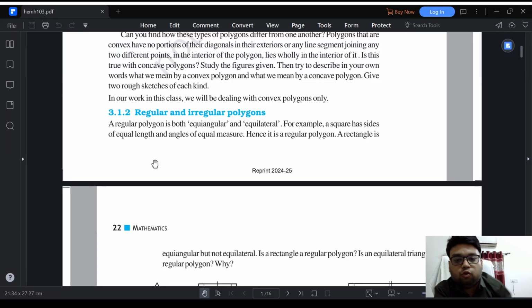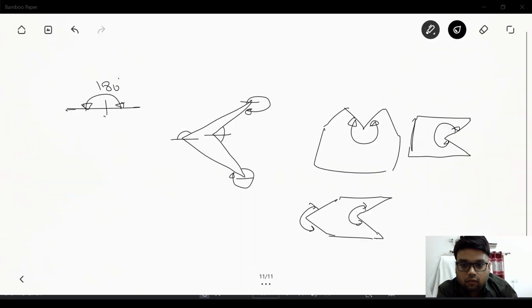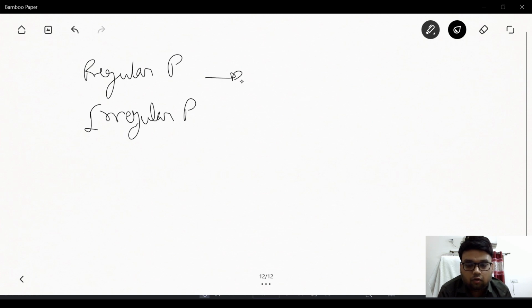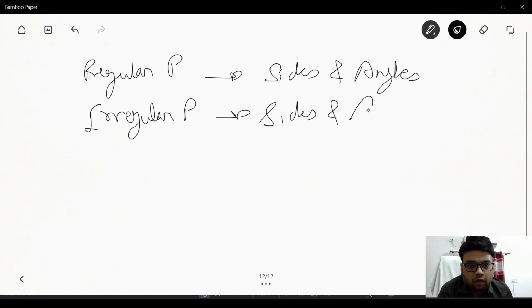I am using two terms here. You have to notice what I am saying. In case of regular polygons, sides and angles are equal; in irregular polygons, sides and angles are not equal.